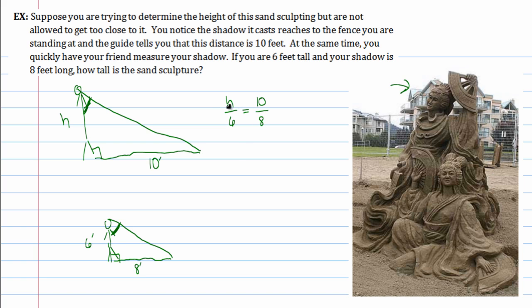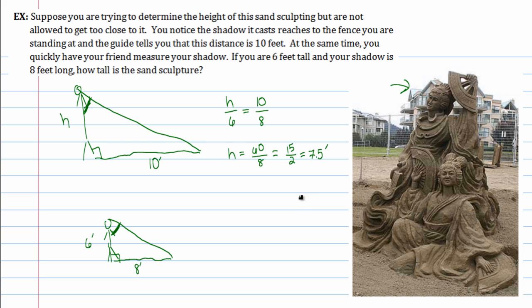So figure to you, figure to you. And you could solve this just by multiplying both sides by 6, and you'll get that h is equal to 60 over 8. This can reduce, right? I think both are divisible by 4, so that's 15 over 2, or 7.5. So this figure is 7.5 feet tall.